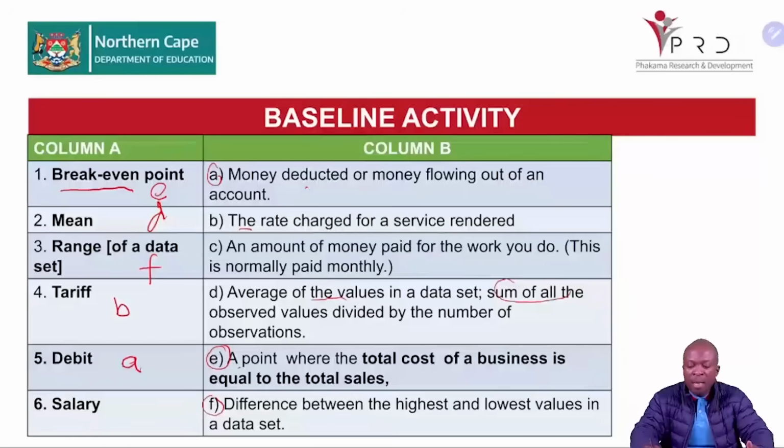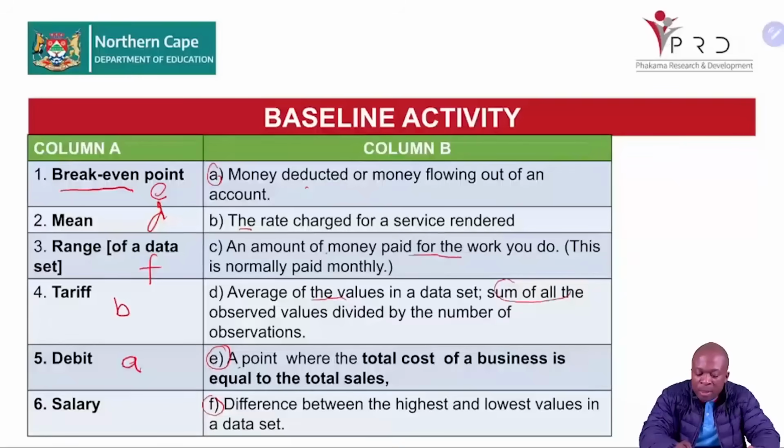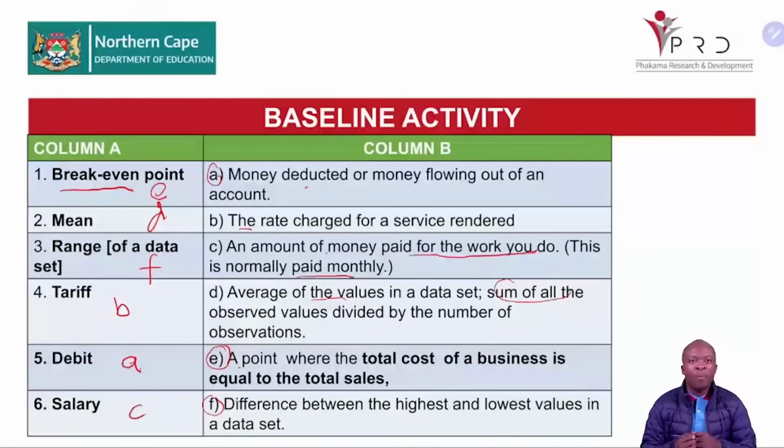When we speak of salary, we are talking of the amount of money that is paid for the work you do, and it is usually paid on a monthly basis. So our answer is C. I hope you managed to get them correct like I did here. So our answers are E, D, F, B, A, and C.